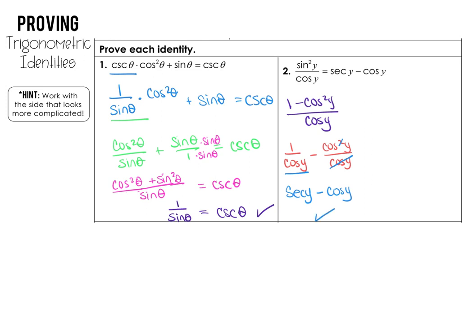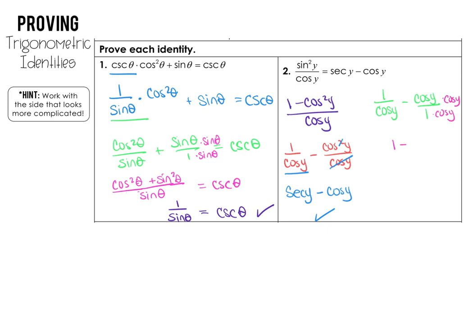All right. If I worked the right-hand side, I would rewrite that secant, right? Secant is 1 over cosine minus just cosine, and the denominator here is 1. I need a common denominator, so I need to multiply the top and bottom by that cosine.